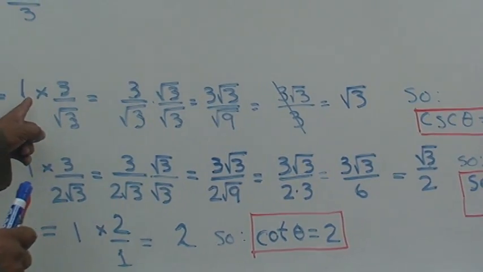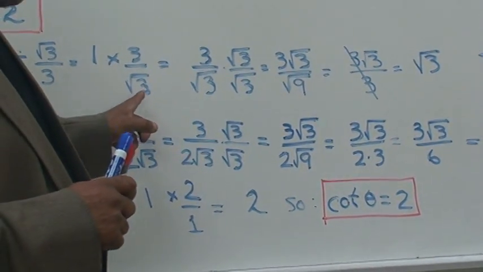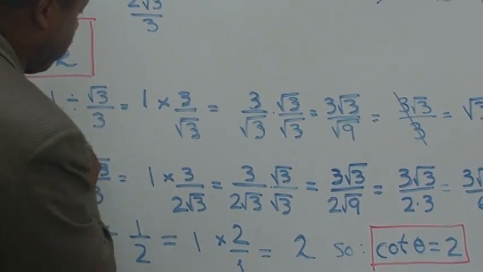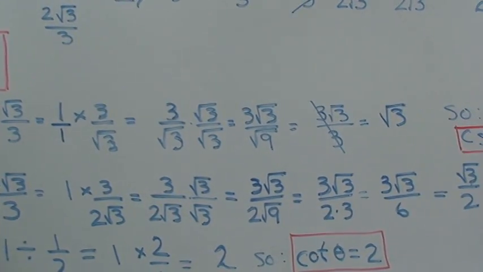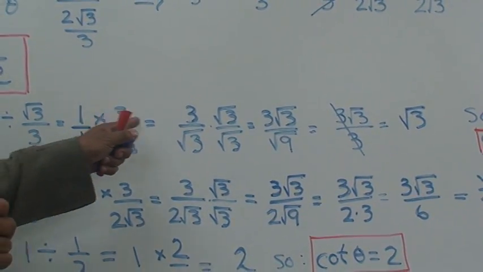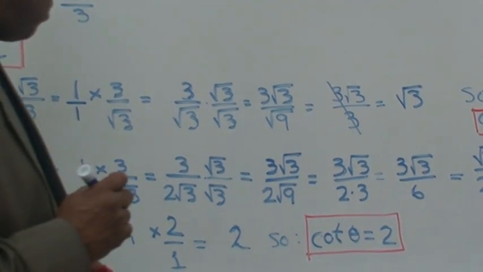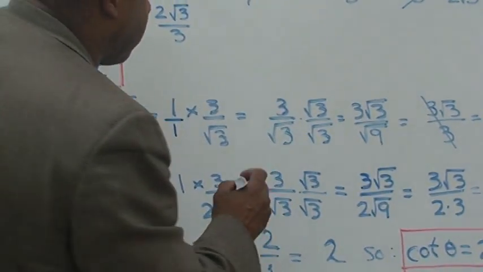In this particular case, this is really 1 over 1, right? And 1 times 3 is 3, and 1 times the square root of 3 is the square root of 3. So you have 3 divided by the square root of 3. But look what happens here.